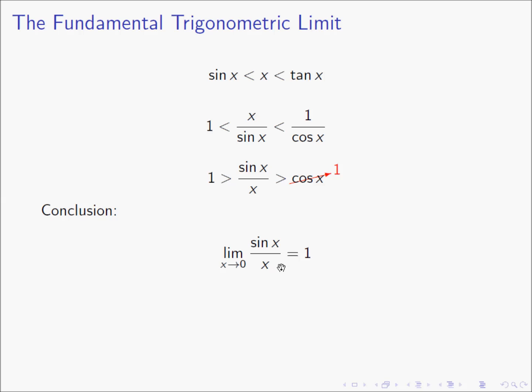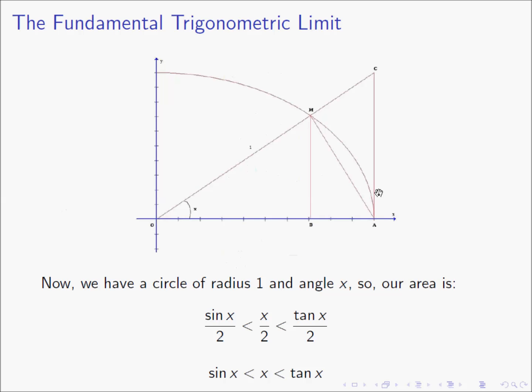So that's it. To review what we had done, we started with this geometry here, and using just trigonometric functions and calculating areas we got this inequality here, and then working a little bit with the inequality we got to this inequality.